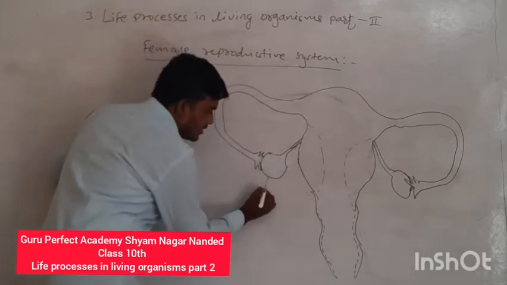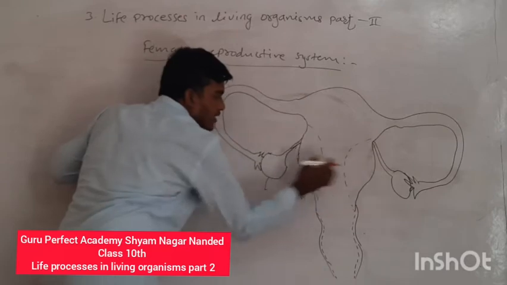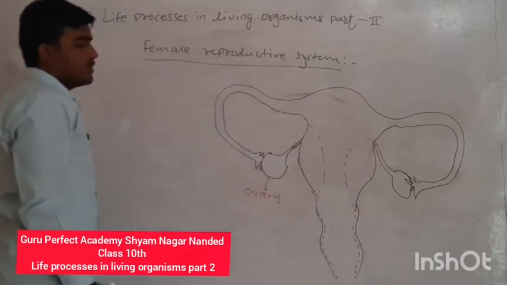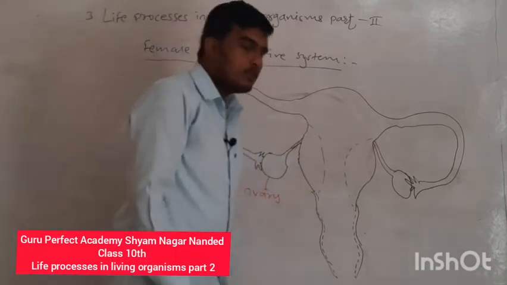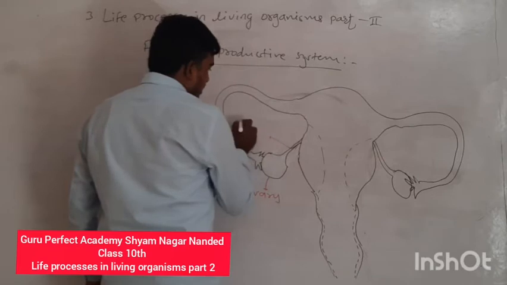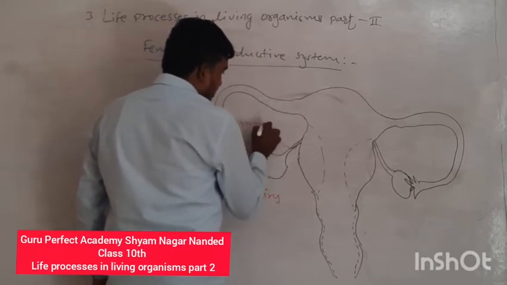These two are the ovaries. I will write here ovary, single ovary, and this one is another ovary, and this structure is called the ovarian ligament.